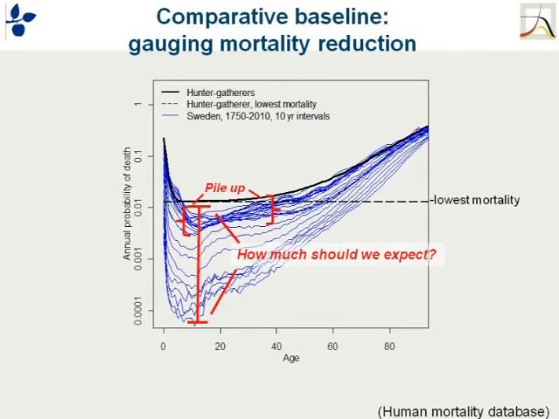But after 1900, in the last 10 curves, you can see that there's really been a major change. There's been a massive change in human death rates, especially at the younger ages, since 1900. And how much would you have expected that change to be?